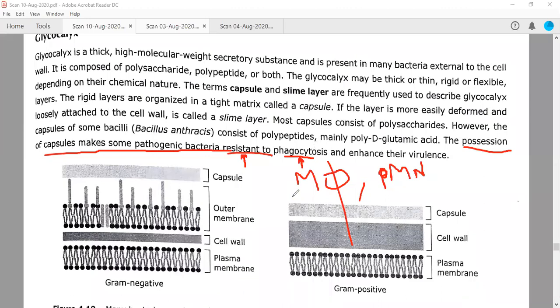And therefore, if the macrophages and PMN are not able to phagocytose that bacterial cell, it is going to cause disease, and therefore it increases its virulence. Virulence is the factor to cause a disease. It will be increased because it will become resistant to phagocytosis.